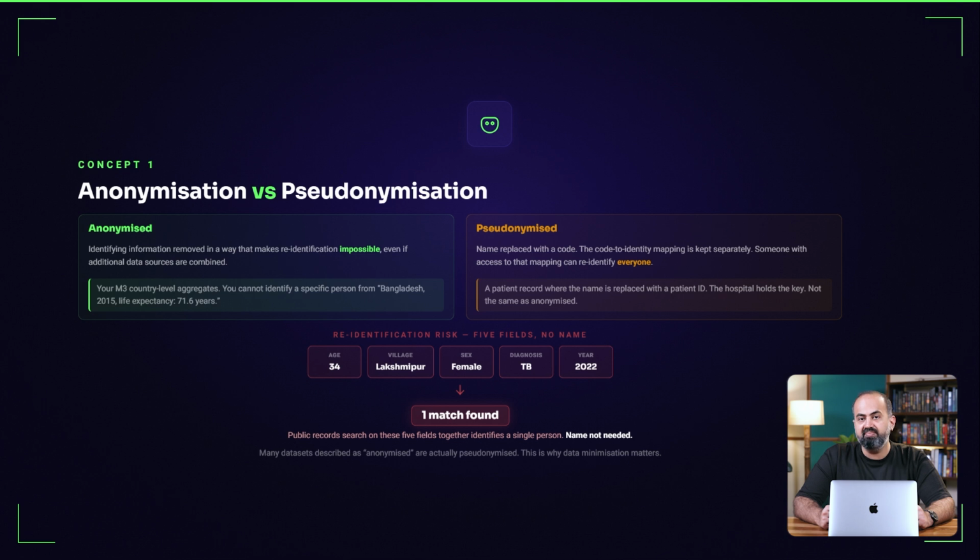There are chances many datasets described as anonymized can actually be pseudonymized if the dataset contains age, district, occupation, and health condition. Even without a name, re-identification may be possible. This is the re-identification risk, and that is why the concept of data minimization matters.